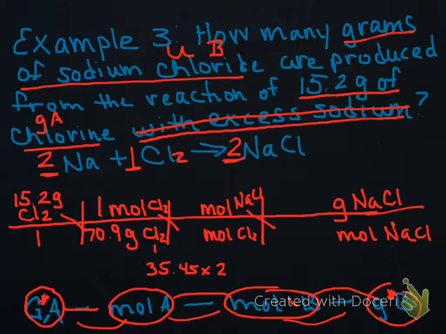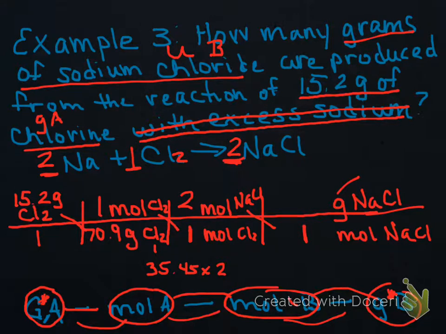Alright. And then I have moles of sodium chloride to moles of chlorine. So I want to use the mole ratio from the coefficients from my balanced chemical equation. So if I look, I have 2 moles of sodium chloride, 1 mole of chlorine, okay? And then finally, this last one over here, moles and grams, I need the molar mass from the periodic table.